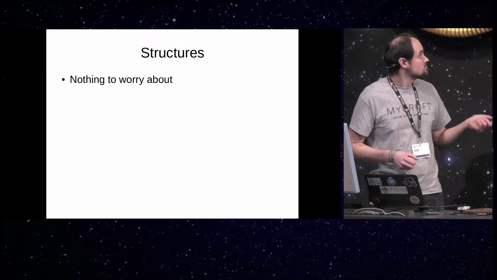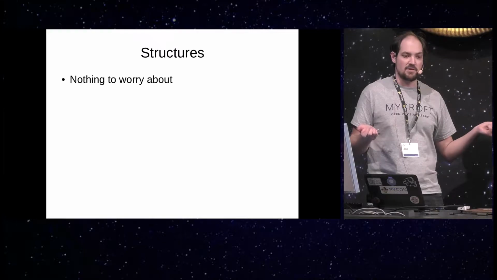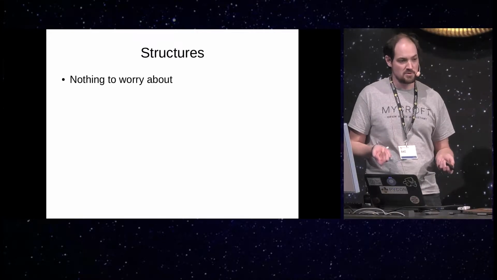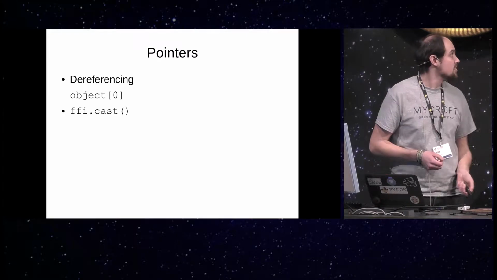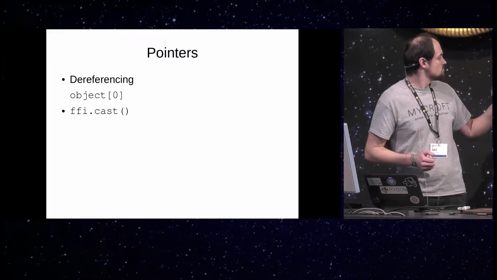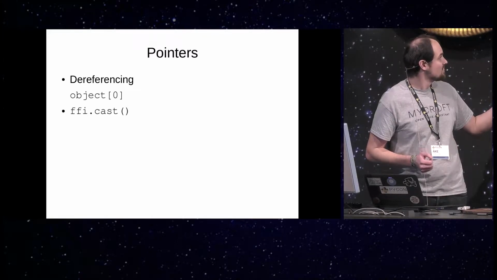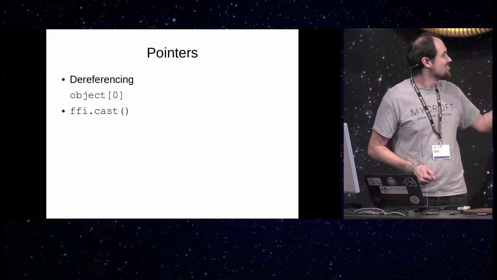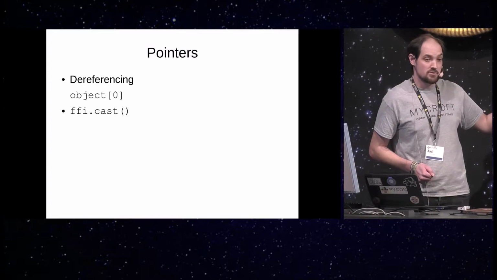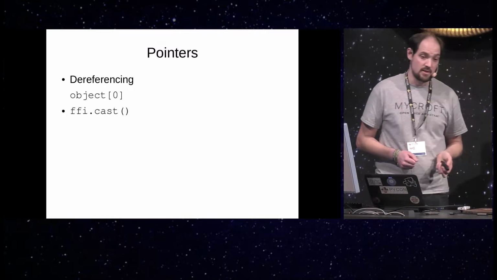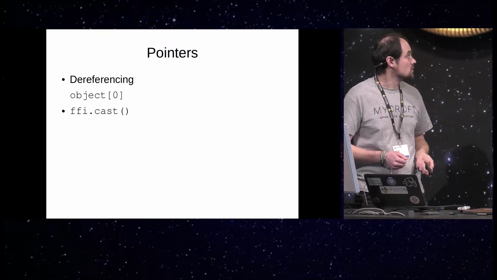So, structures. You don't have to do anything to declare structures because you use the C source. Pointers. CFFI uses the bracket 0 notation, and only that one.